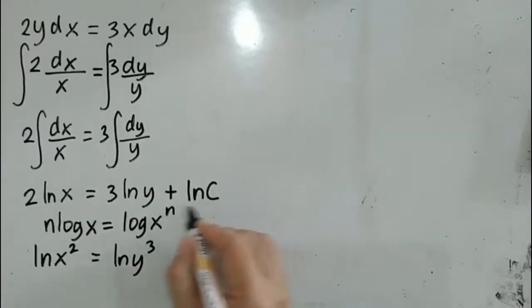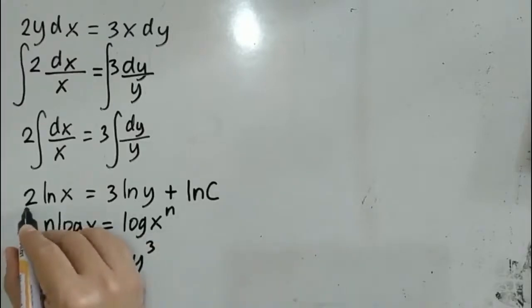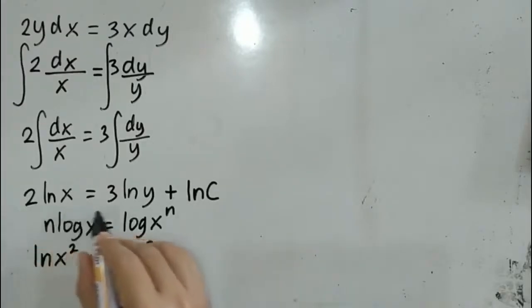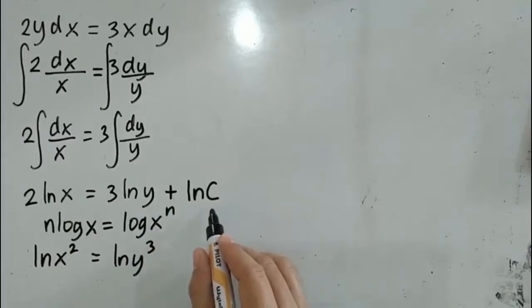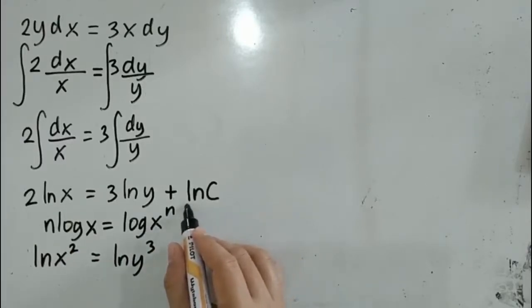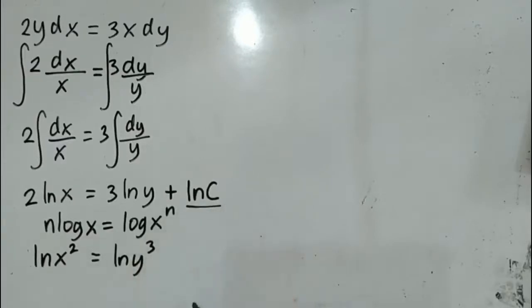Anyway, this is an arbitrary constant. This is what we call a general solution. And in a general solution, we may differ by a constant.